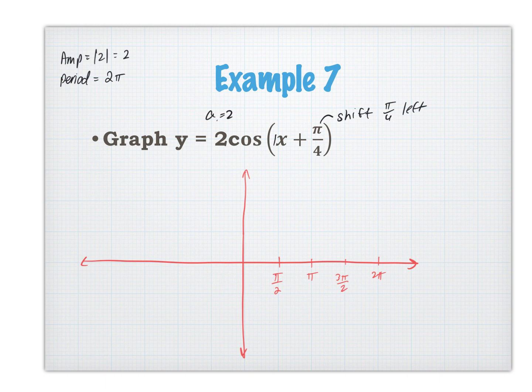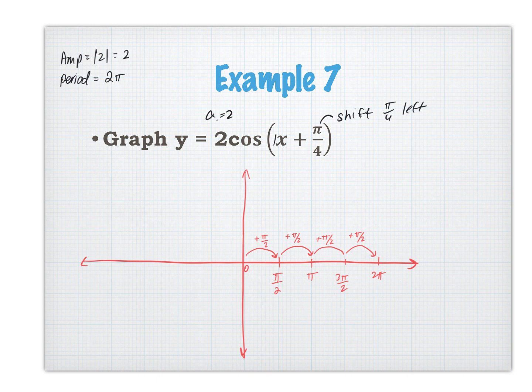We notice something: from 0, where our first point goes, to here, this is plus pi over 2 units. And from here to here, it's plus pi over 2 units. From here to here, it's plus pi over 2. And from here to here, it's plus pi over 2. So each quarter represents pi over 2 units.